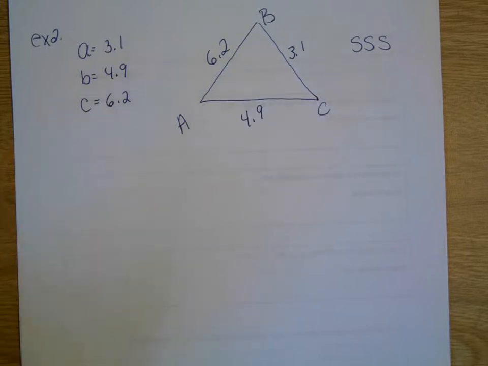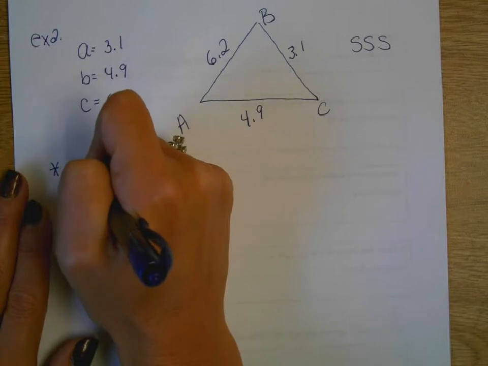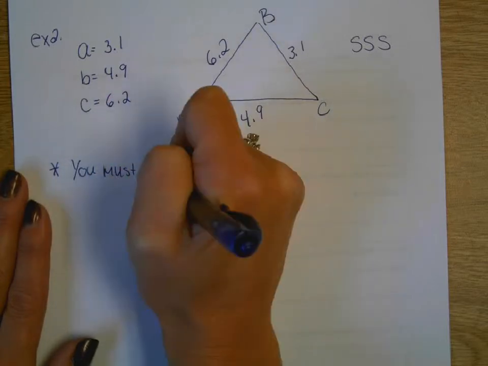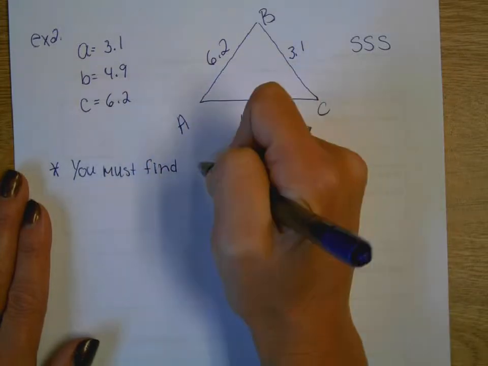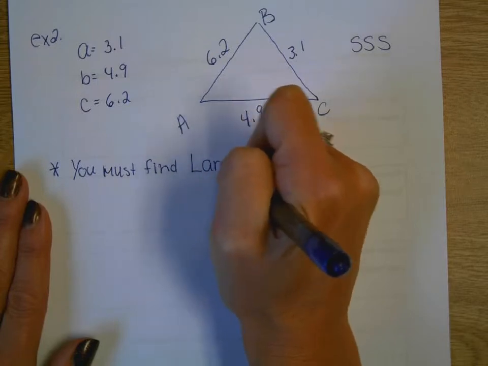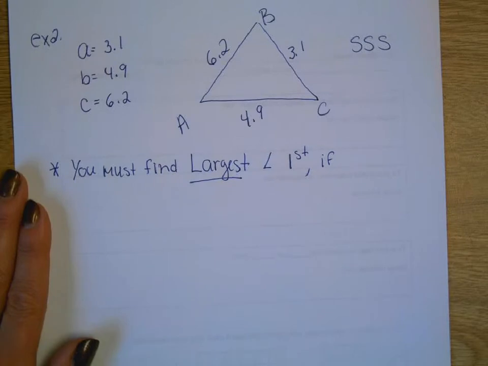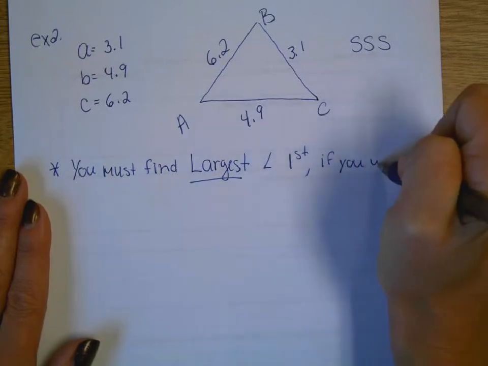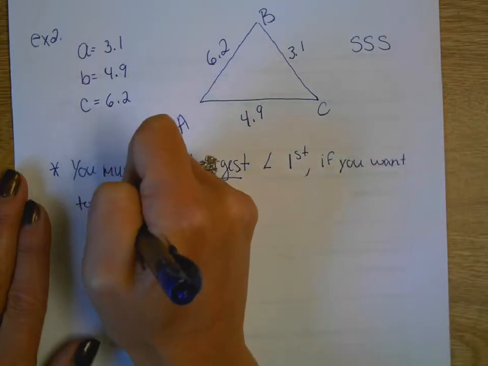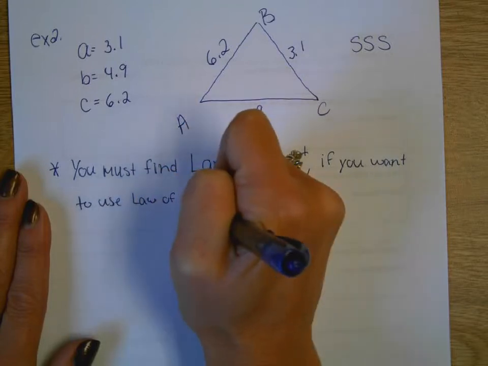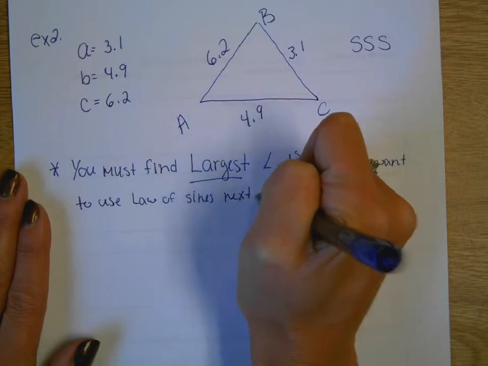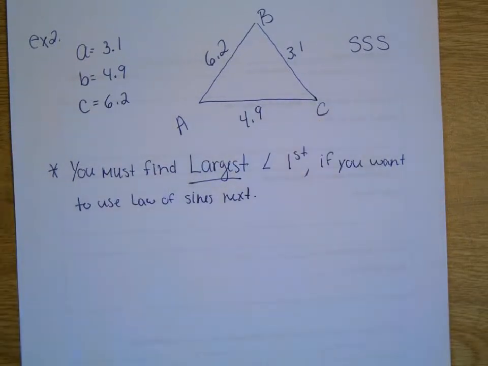So if you want to use law of sines after the first part, you must find the largest angle with law of cosines. There's a rule for SAS, and then there's a rule for side, side, side. So SAS is smallest, and side, side, side is largest.